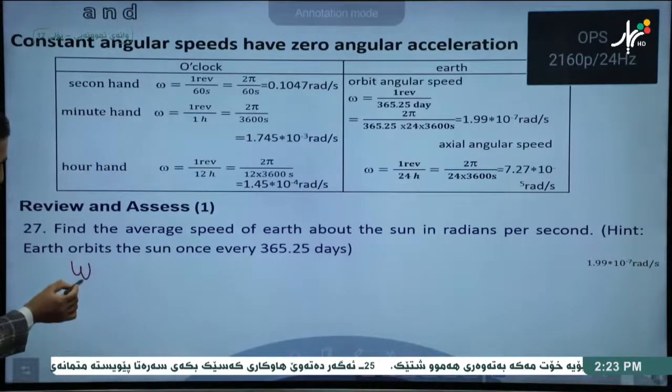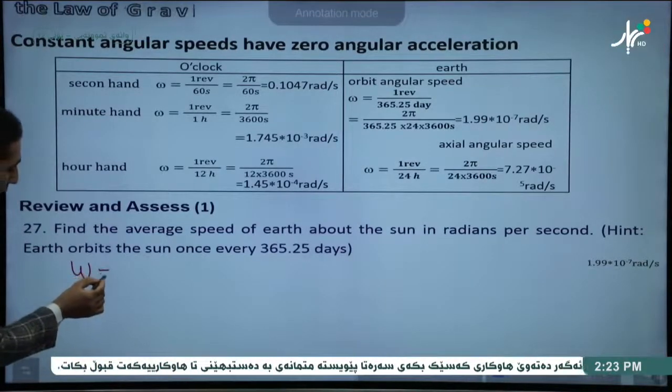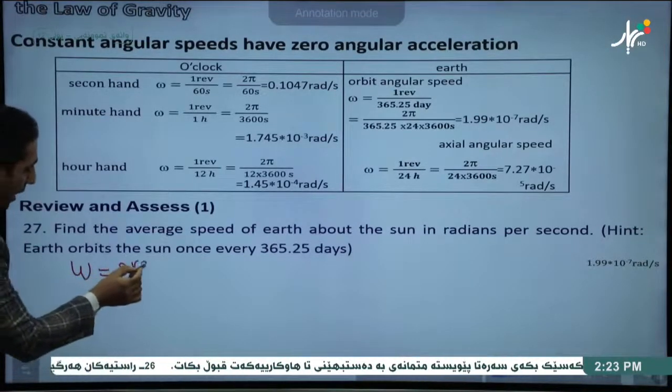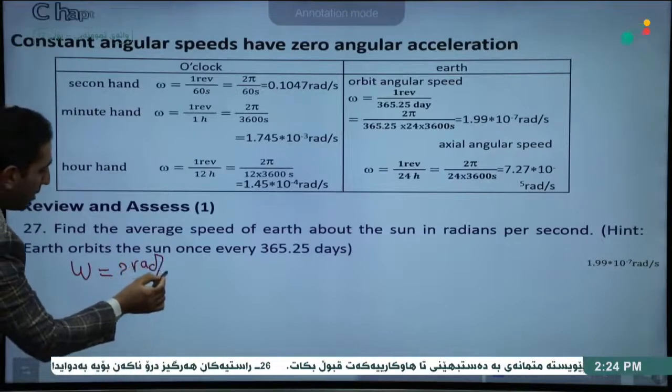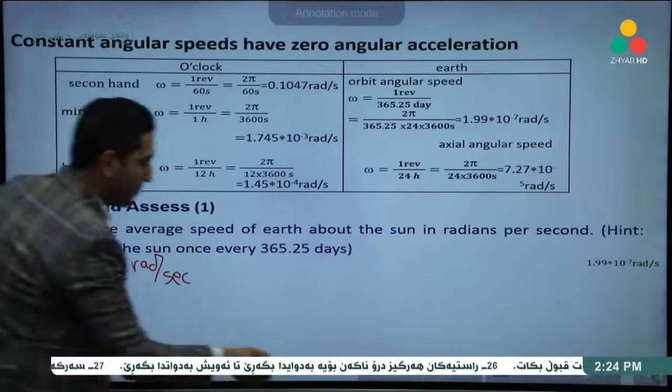Find the average angular speed for the Earth around the Sun in rad per second.